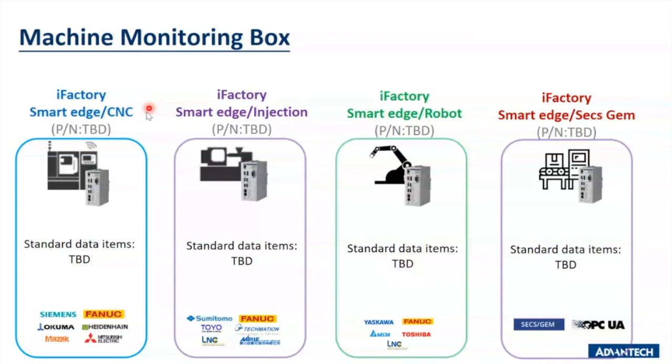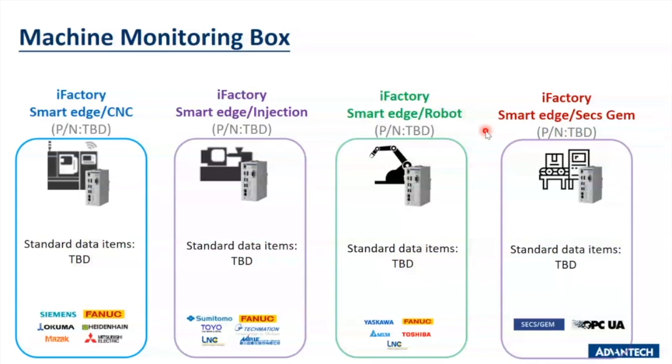We have the ready part number and ready offering for you to connect to CNC machines and controllers. It supports common CNC controllers like Siemens, Fanuc, Mitsubishi, etc. For the iFactory Smart Edge injection, it is already in the pipeline. It should be releasing soon, and our development plan also includes Smart Edge robot and some Smart Edge gem system.